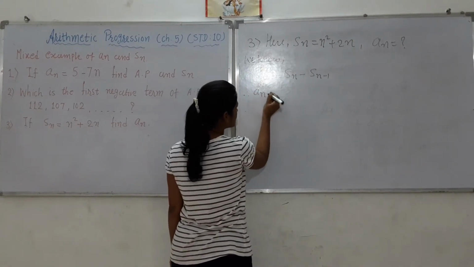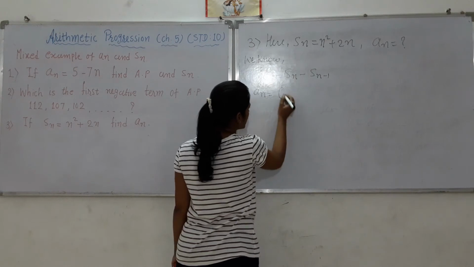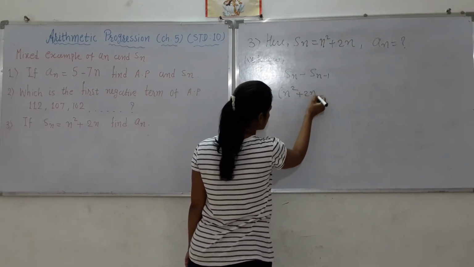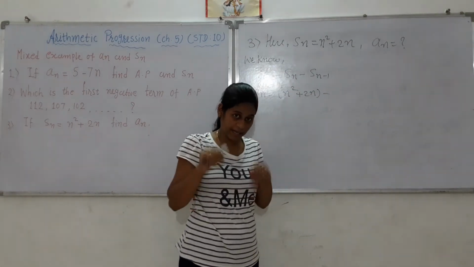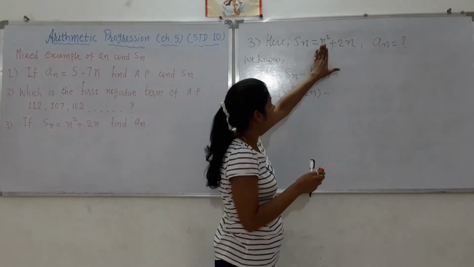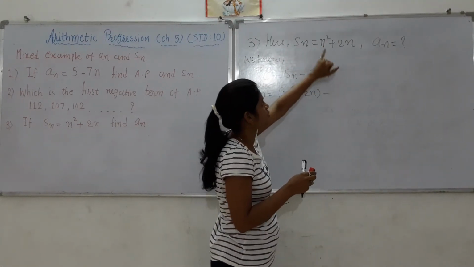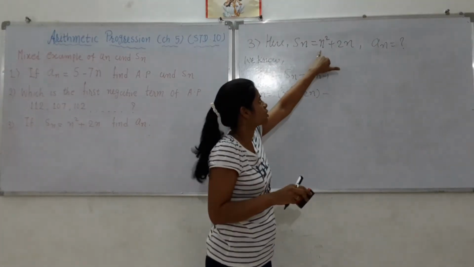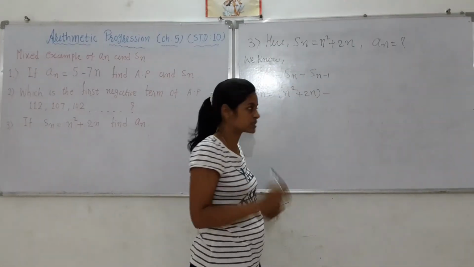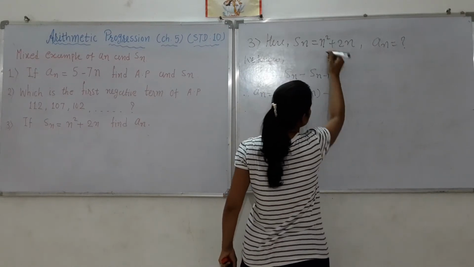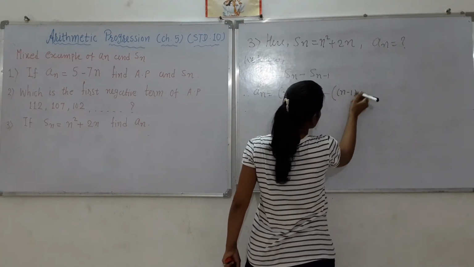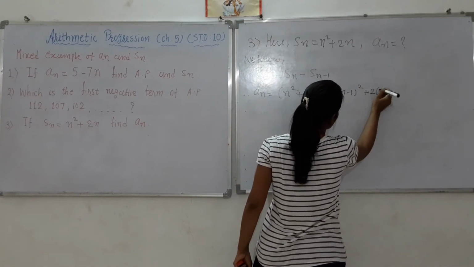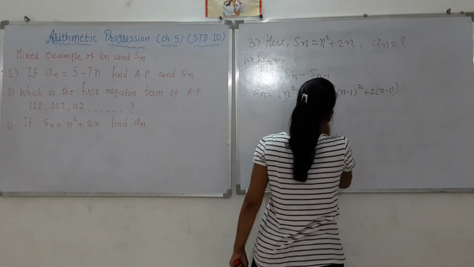So an as it is, instead of Sn you should write n square plus 2n, and for Sn minus 1 convert this in the form of this. So in place of n you have to write n minus 1. So you can write this as n minus 1 whole square plus 2 times n minus 1.